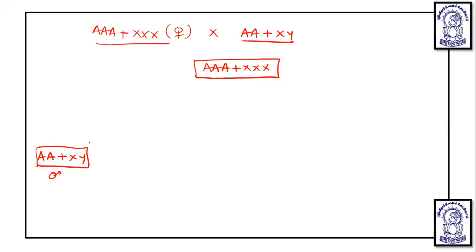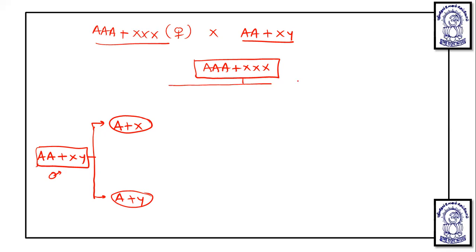This diploid male is going to produce two gametes: A plus X and A plus Y. But the female is going to produce four gametes, and these four gametes can be A plus X.